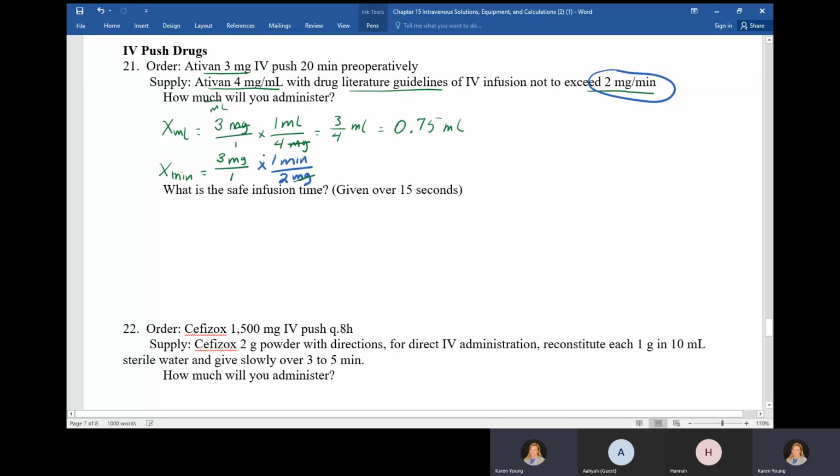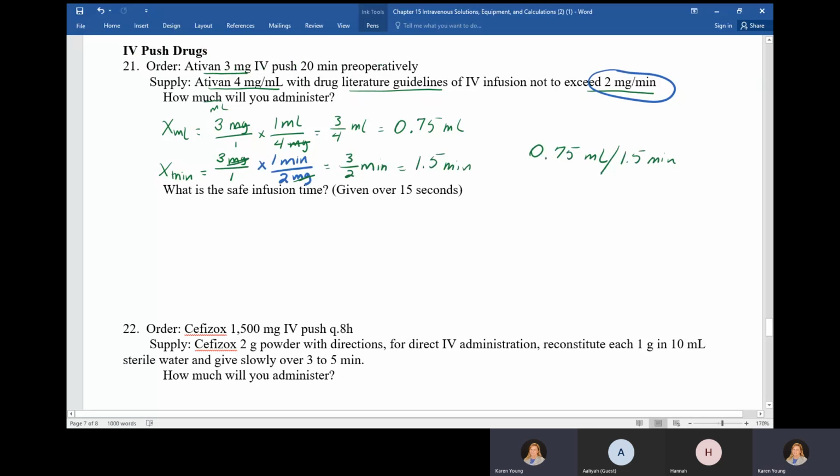My milligrams cancel. I have 3 over 2 minutes, which is equal to 1.5 minutes. So I'm going to give this at 0.75 milliliters per 1.5 minutes.